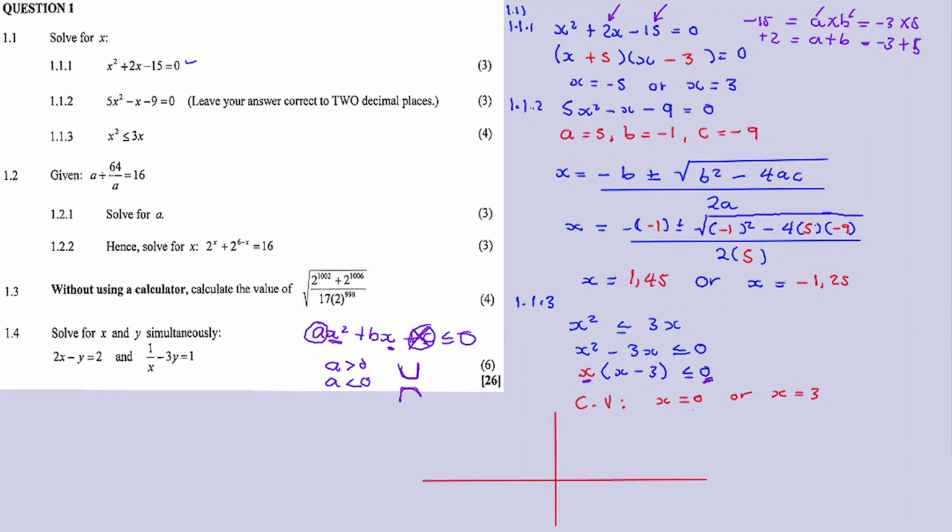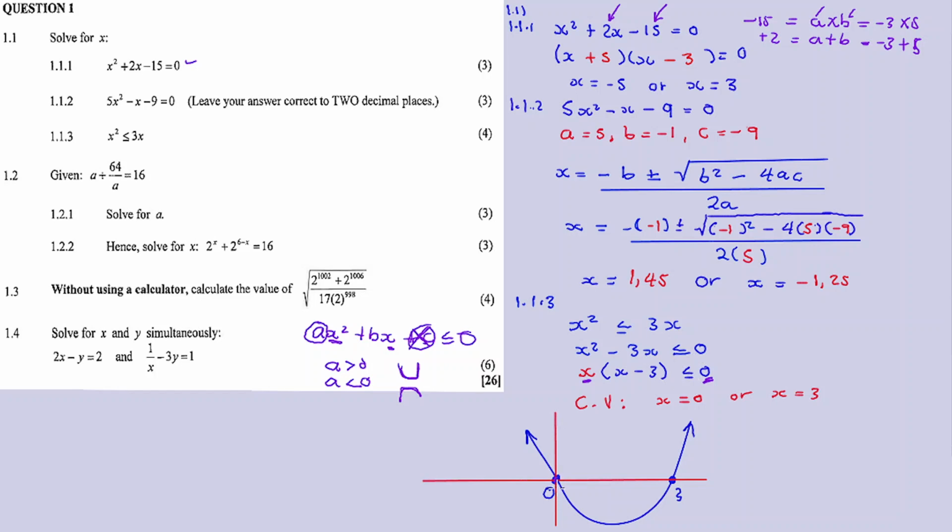So therefore the curve will be 0 and 3, right? And then we look for a solution that is less than or equal to 0. So in other words, because of the point of origin, if I go up, this sign is greater than or equal to.